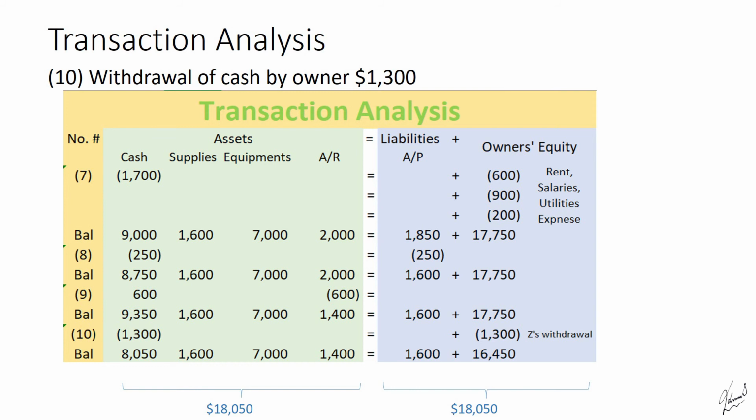So under owner's equity section, we will deduct this 1300 from owner's equity, and under cash, because cash is also going to decrease, we are decreasing cash under the cash column, and we get the balance. And if you add all the assets amount and the liability and equity amount, they will be same.